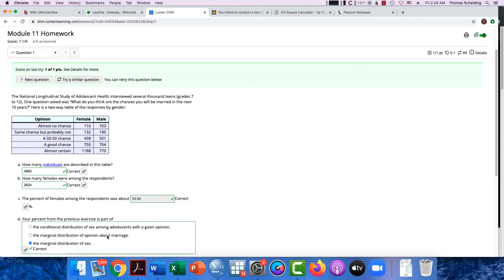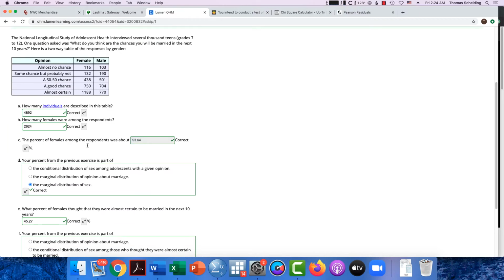And when it says the previous exercise, what it means is the previous question. When I read that at first, I was like, oh man, are we missing something else? What they mean is the previous thing. Here it's telling us the marginal distribution of sex or gender, depending on how you define it here. And it's basically saying, versus if you're female versus male, what your opinions are going to be.